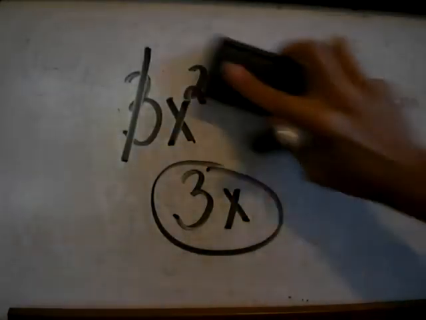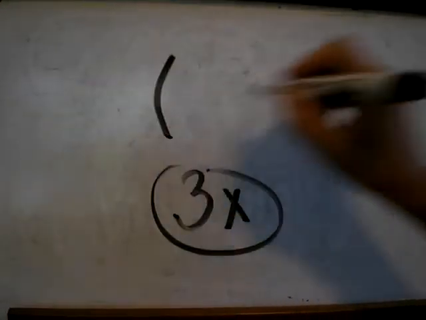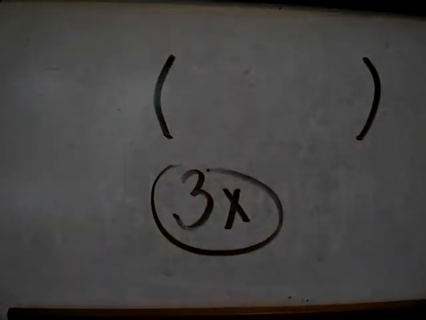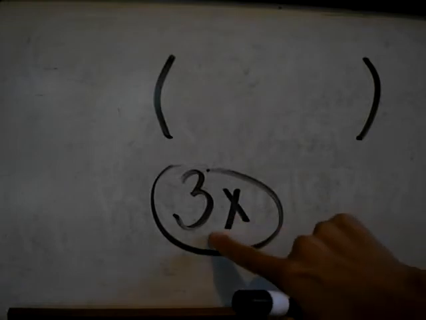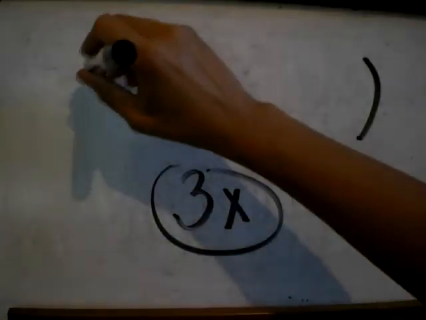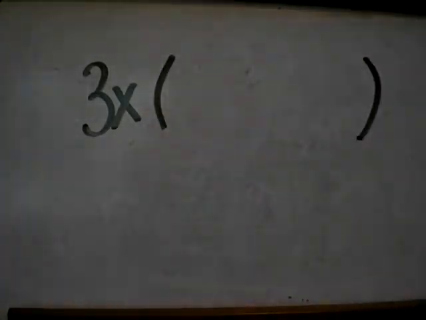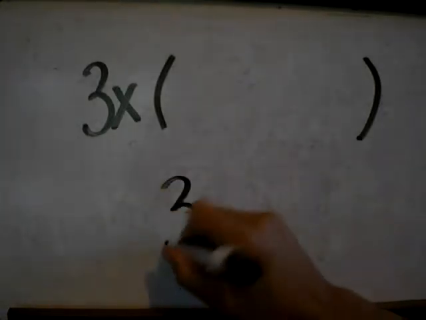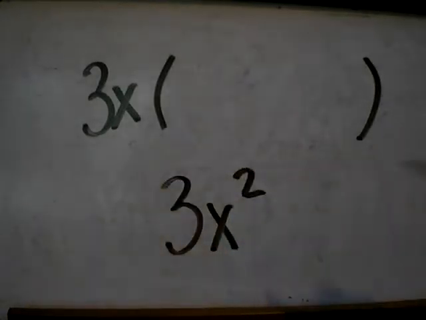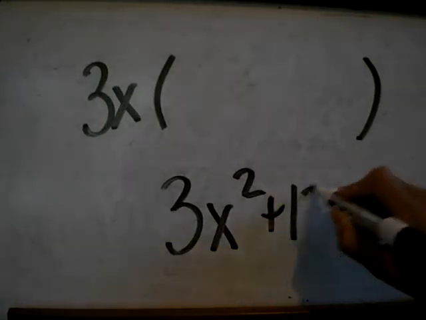What we're going to do now is almost like a reverse distributive property. So we're going to put this 3x over here, and we have to fill in the parentheses. Just in case you forgot, this was our polynomial, 3x squared plus 12x.